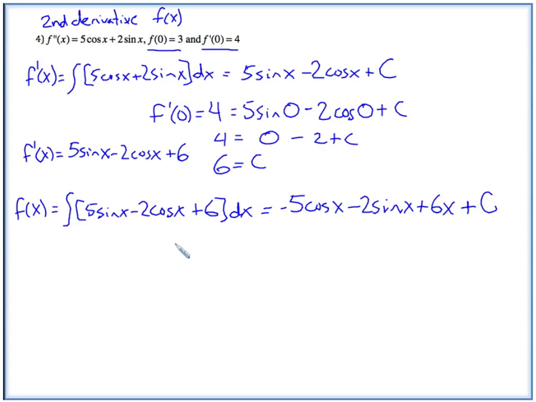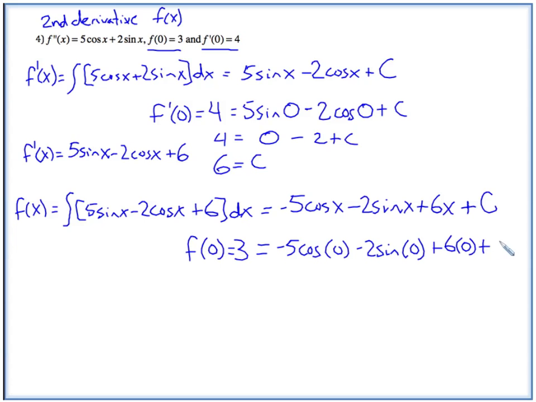Now in this case, we have an initial condition right here, that f of 0 equals 3. So I'm just going to write f of 0 equals 3, and that's going to equal negative 5 cosine of 0 minus 2 sine of 0 plus 6 times 0 plus our constant.